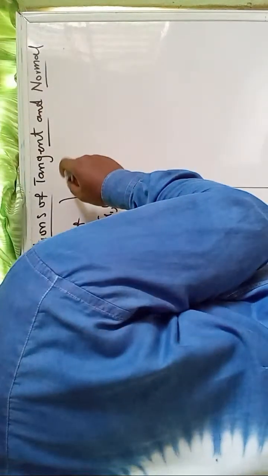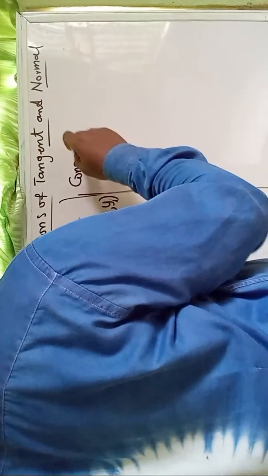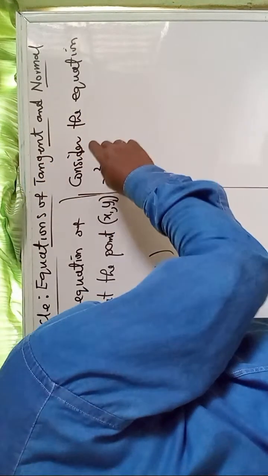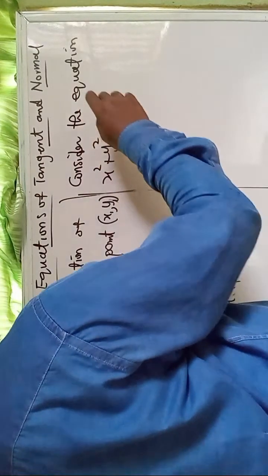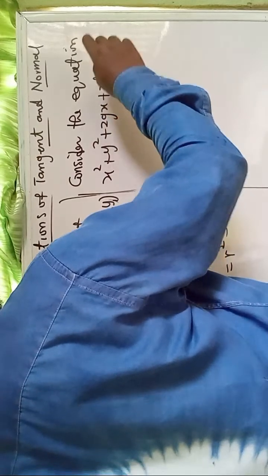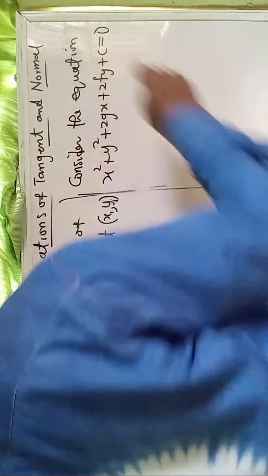So consider the equation x squared plus y squared plus 2gx plus 2fy plus c equals 0.